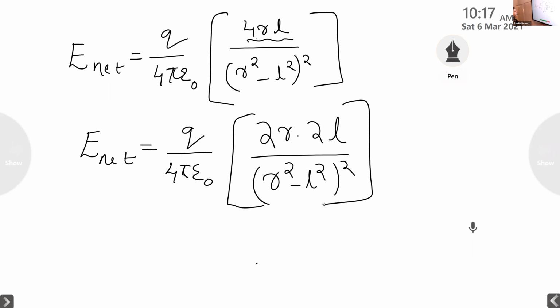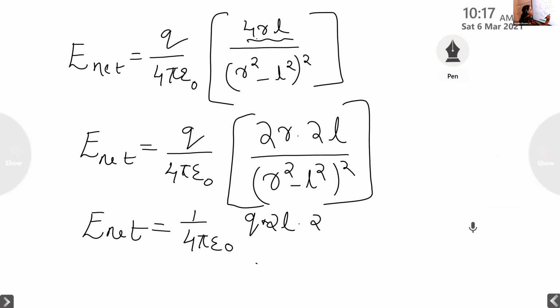Now I just rearrange this equation. E net is equal to 1 by 4 pi epsilon 0, Q into 2L into 2R divided by R square minus L square the whole square.